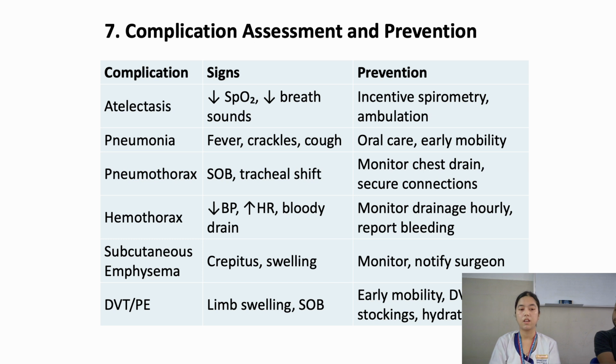Pneumothorax, shortness of breath, tracheal shift, prevented by monitoring the chest drain and securing the connections, while hemothorax, reduced blood pressure, increased heart rate, bloody drain, prevented by monitoring drainage output and reporting bleeding. Subcutaneous emphysema, crepitus and swelling are the common signs, monitor and notify the surgeon. And about DVT and pulmonary edema, limb swelling, shortness of breath, early mobility, and DVT stockings can be provided to the patient, and hydrating.